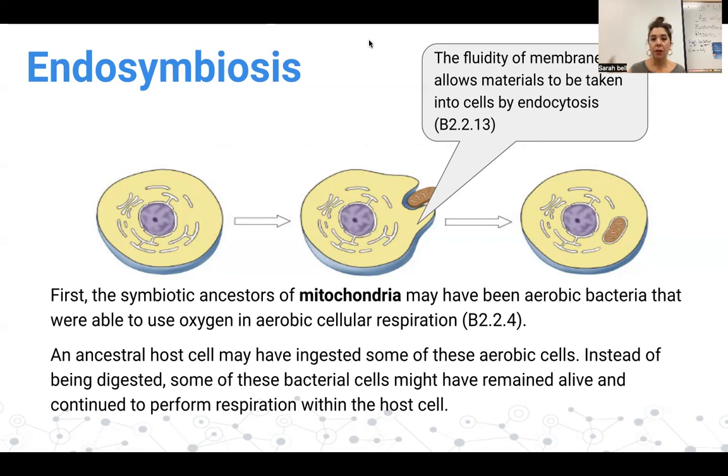And then as the host cell, I would think, maybe structure or support or protection or food source. So those are kind of the reasons that we think the host cell would actually benefit and not potentially break down this little aerobic bacterium. So that's kind of the thought on the mitochondria evolution.